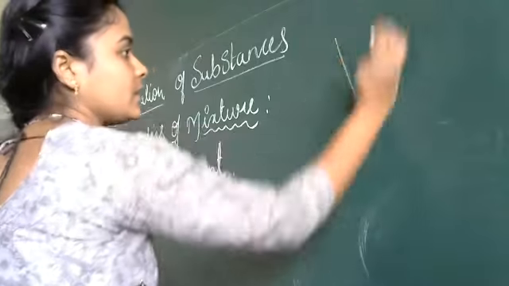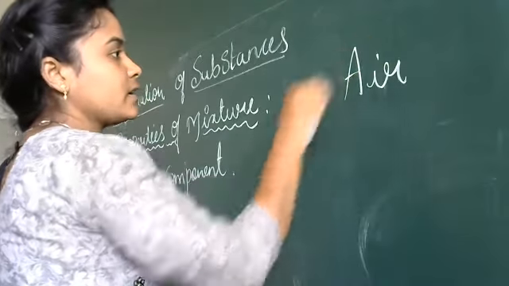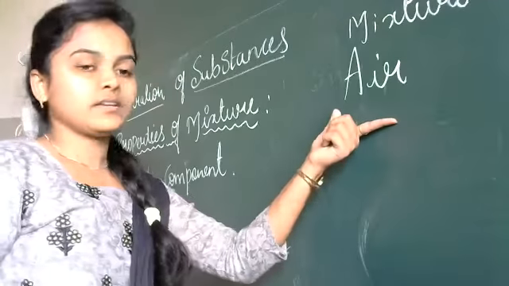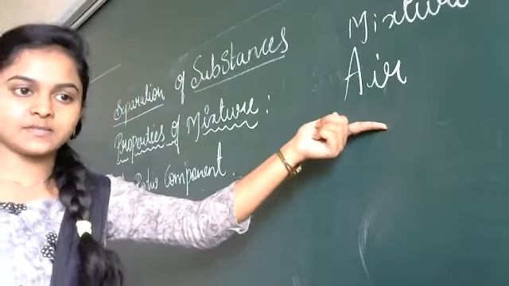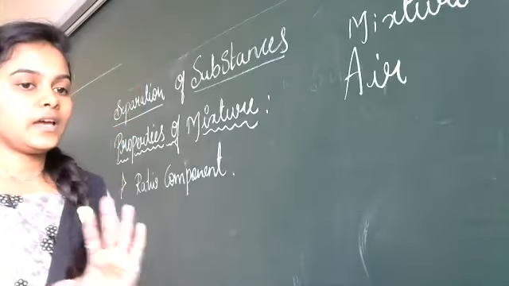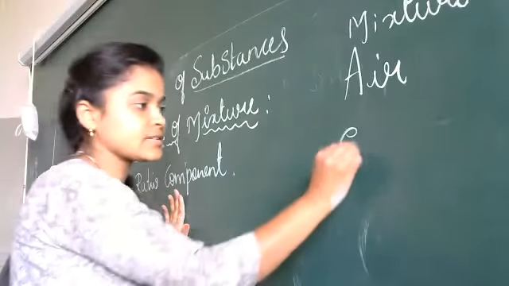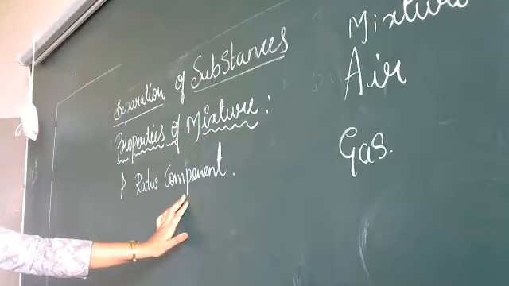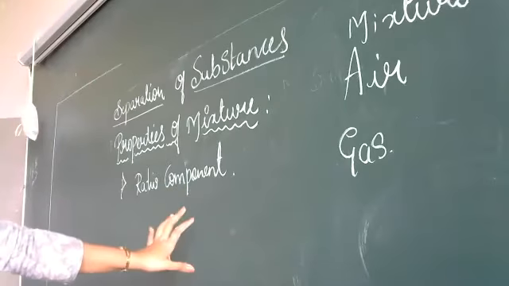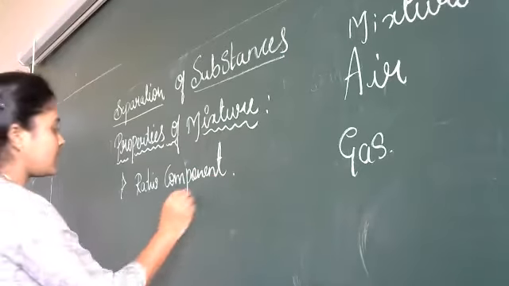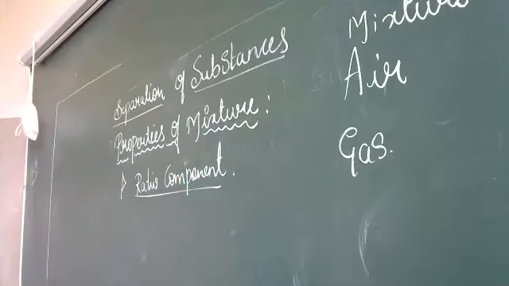For example, you can take air. Air is a mixture. Here in air, the ratio of all gases present inside it is not fixed. Any kind of ratio of those gases may be present inside that air. So the first property is the composition of mixture is not fixed and the components of mixture may be in any ratio.